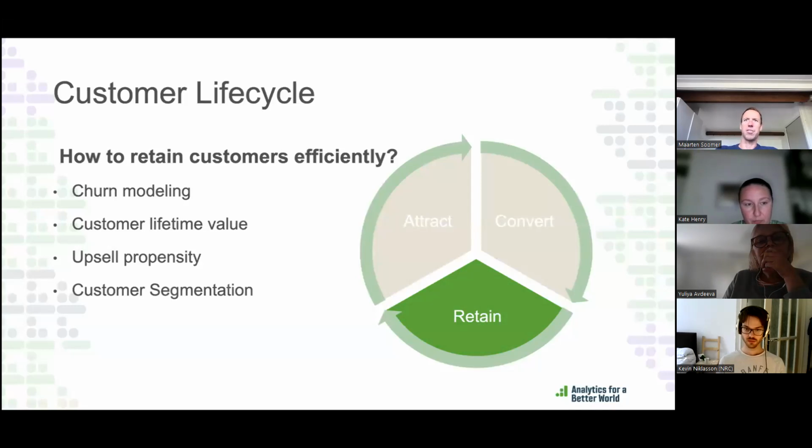So doing some kind of segmented or targeted or even personalized communication might really help here. So this is where the applications in the retain phase are all about. And I think the most essential one is churn modeling, so we will dive a bit deeper on that one. Before we do, Maarten, there are 2 questions.